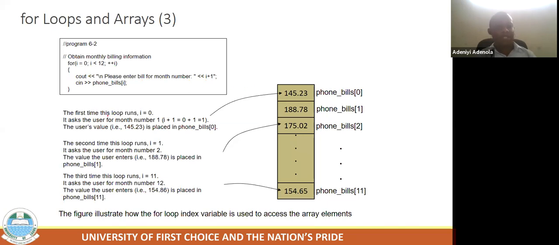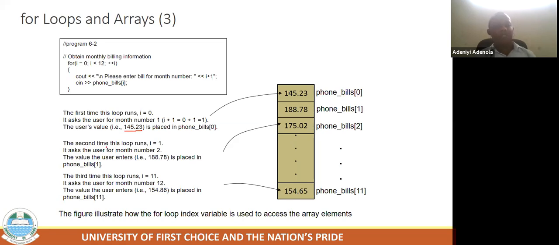So the first time this loop runs, i is 0, it asks the user for month 1, that is to say i plus 1, which is 0 plus 1. So assuming the user inputs 145.23, it means in the form view position 0, this is what it would be.